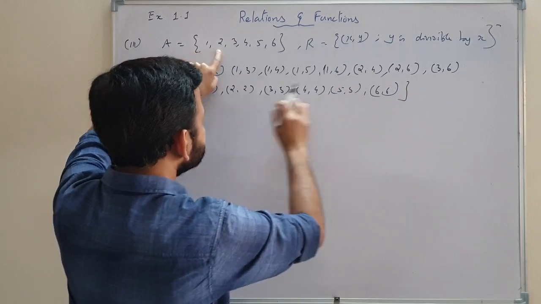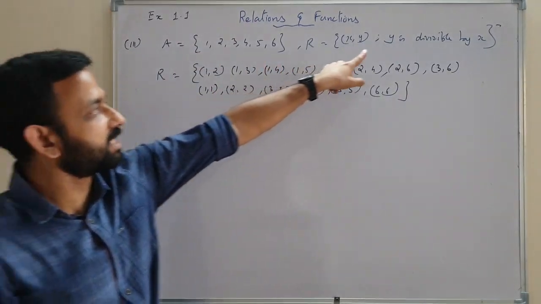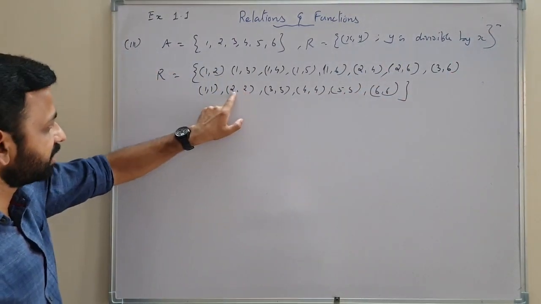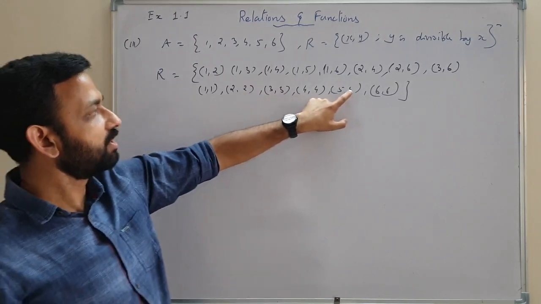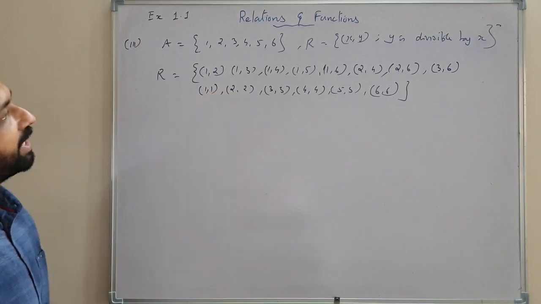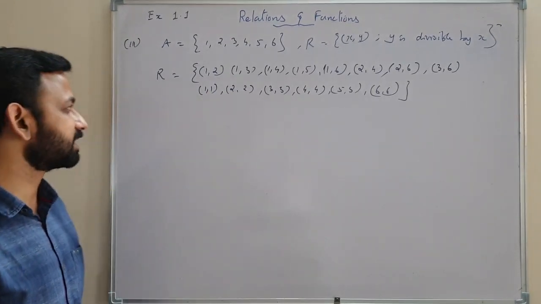These elements are also included because they also satisfy the condition that y is divisible by x. So 2 is divisible by 2, 3 by 3, 4 by 4, 5 by 5, 6 by 6, 1 by 1. So these are the elements of relation R.